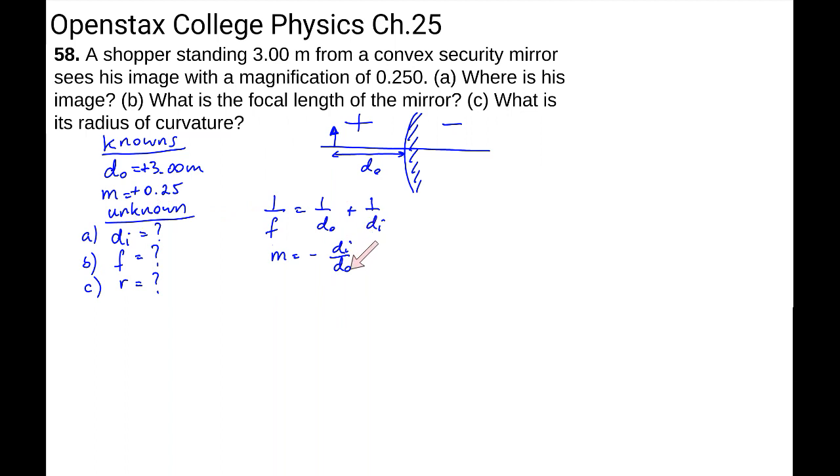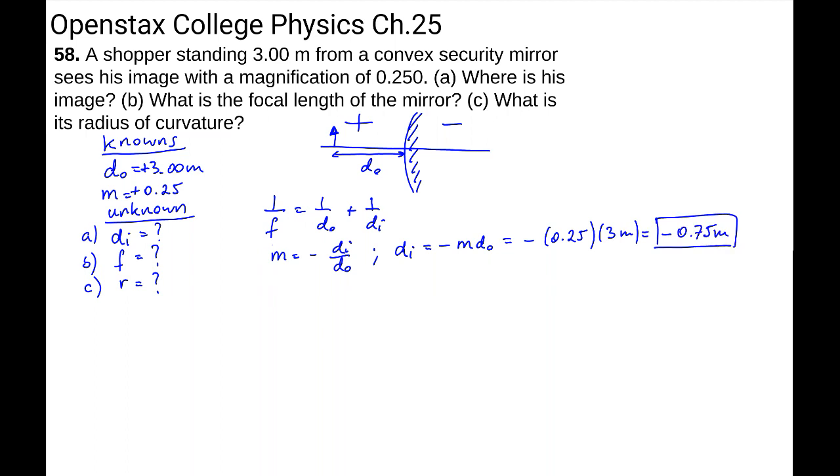We know object distance, we know magnification, so we can solve for image distance. So from here, image distance is equal to negative magnification times do. Magnification is 0.25, and the object distance is 3 meters. And we end up with an image distance of negative 0.75 meters.